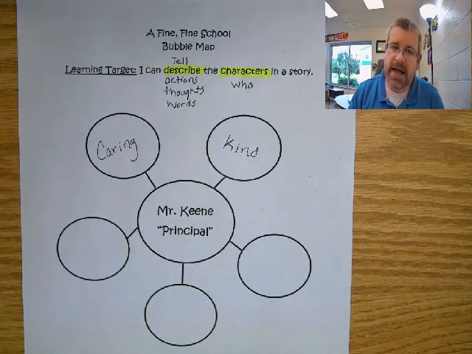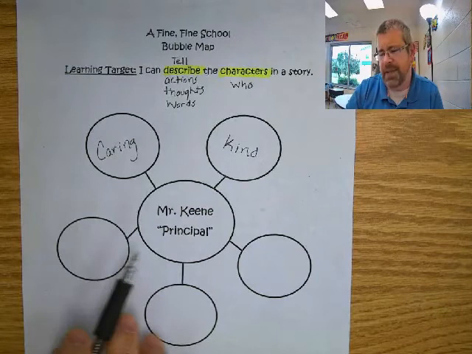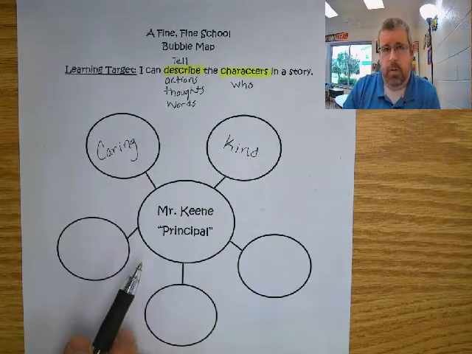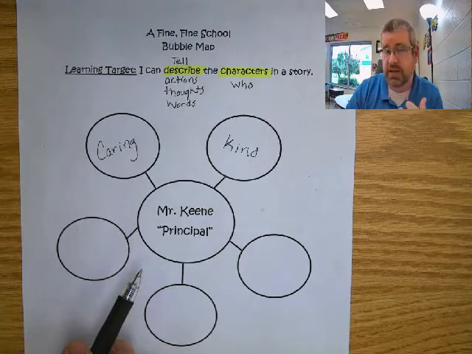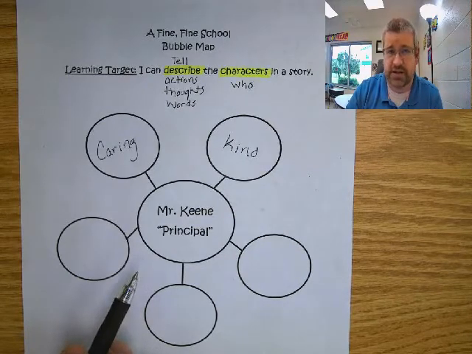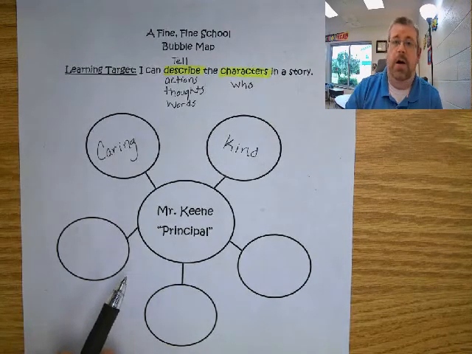Next, before I do this next one, let's think about some things. What did he do in the story that the staff, the teachers, and the students really didn't agree on? Right. He wanted to have school all the time.